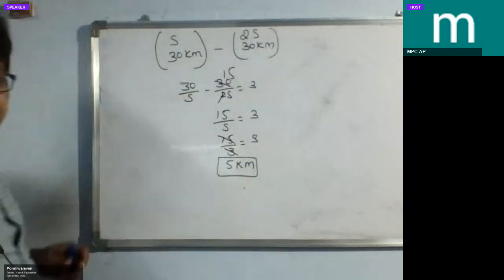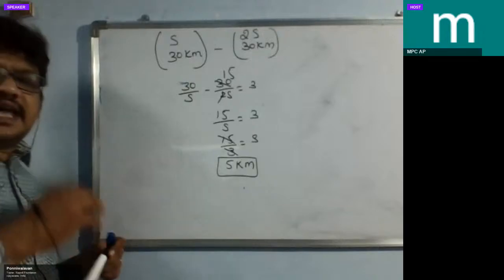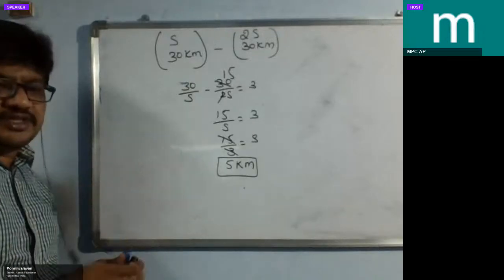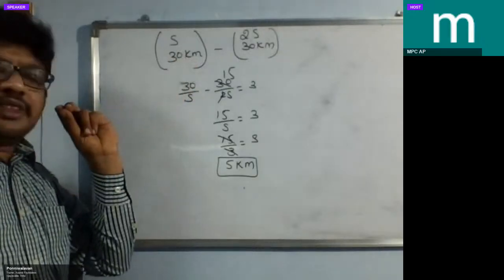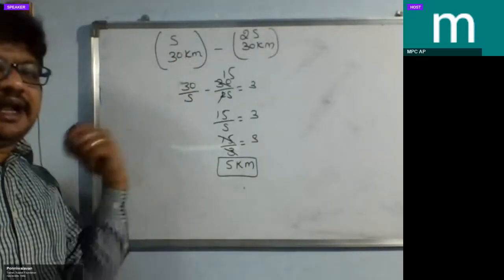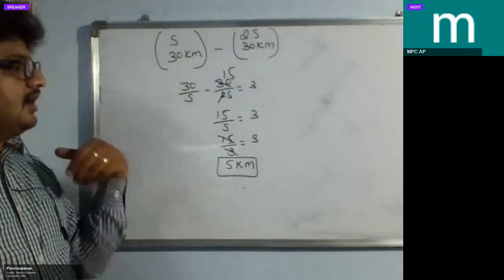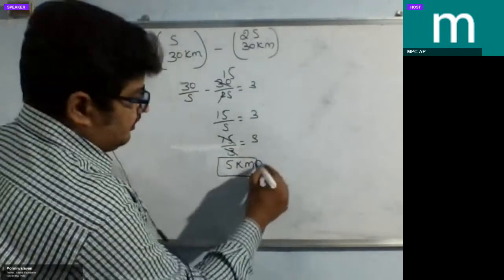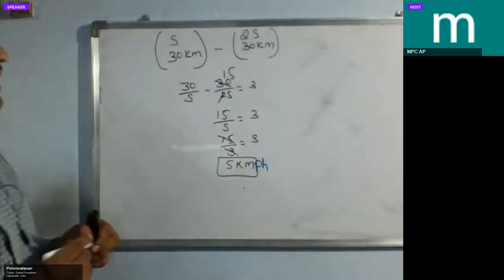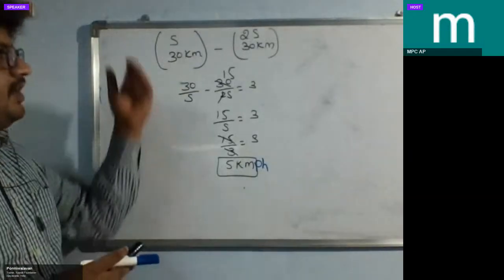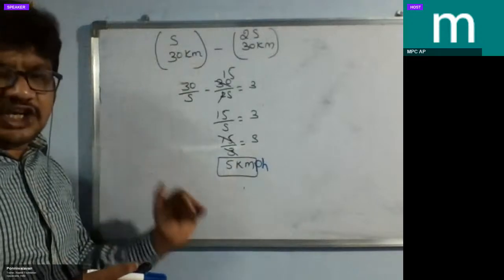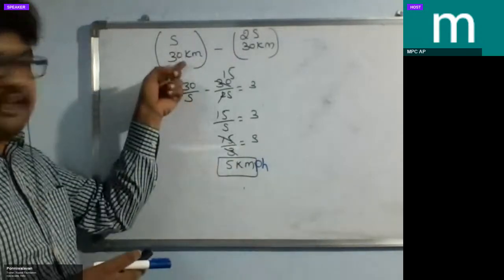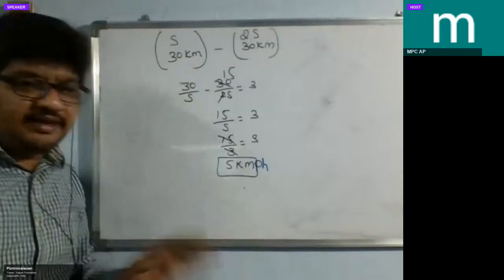Is it clear? In the previous question, they gave speed and asked distance. In this question, they gave distance and they are asking speed. That's all.